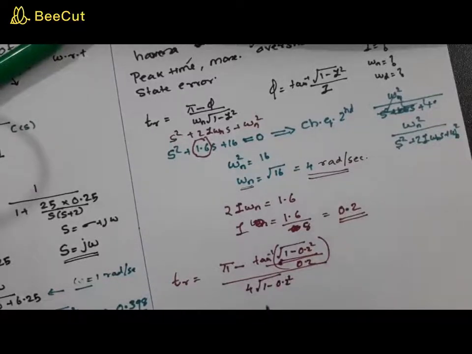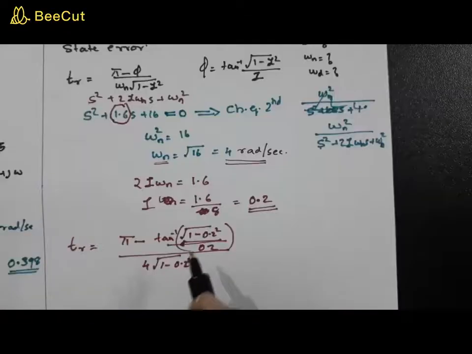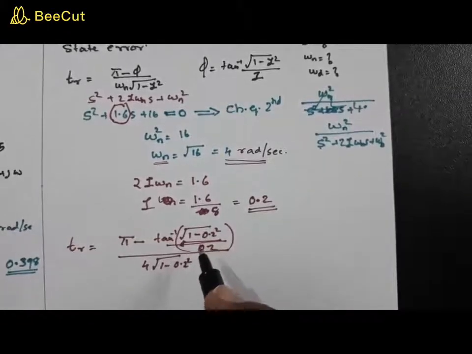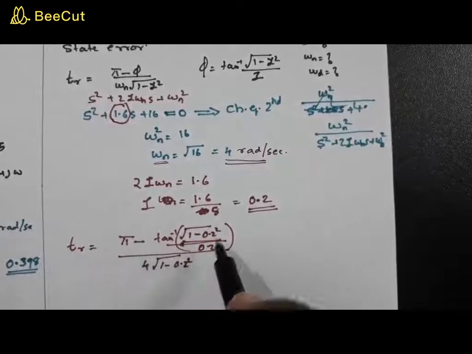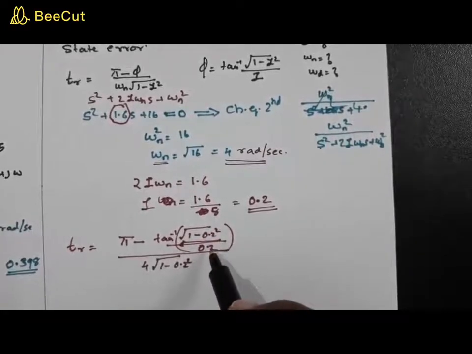So you can have an evaluation of this. This point you need to be a bit careful. So this is pi minus tan inverse root of 1 minus 0.2 square by 0.2.